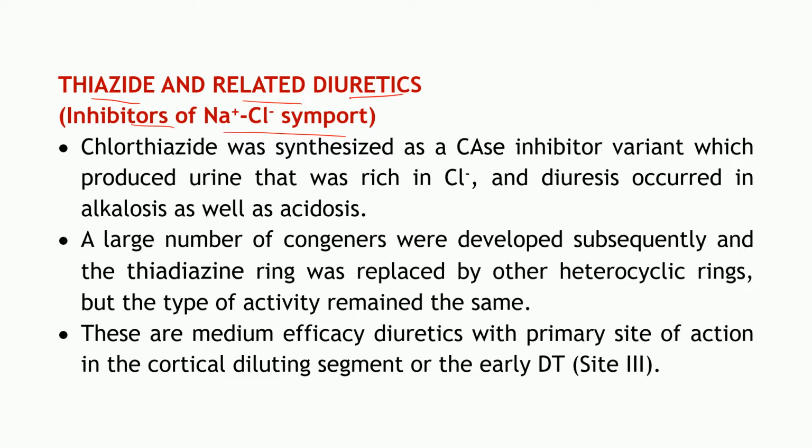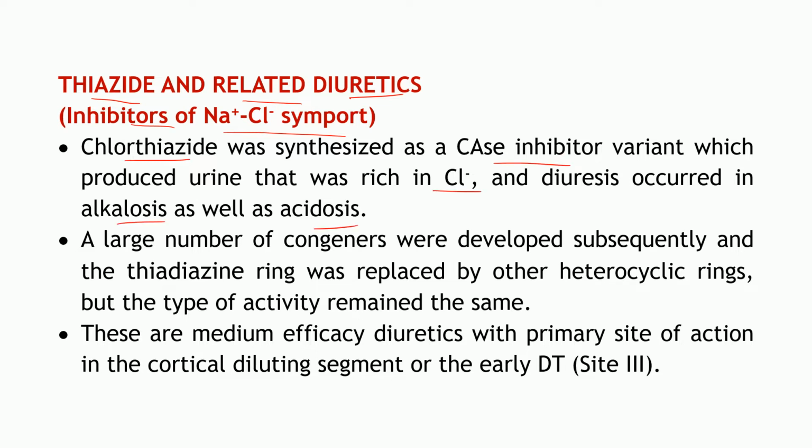Okay, so under this there are two subclasses actually, the thiazides and the thiazide-like, in which different heterocyclic rings have been utilized. Actually chlorothiazide was the drug which was introduced as a carbonic anhydrase inhibitor.